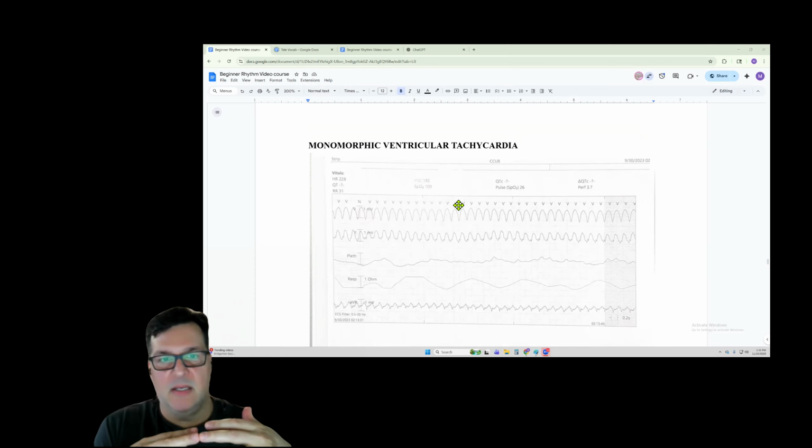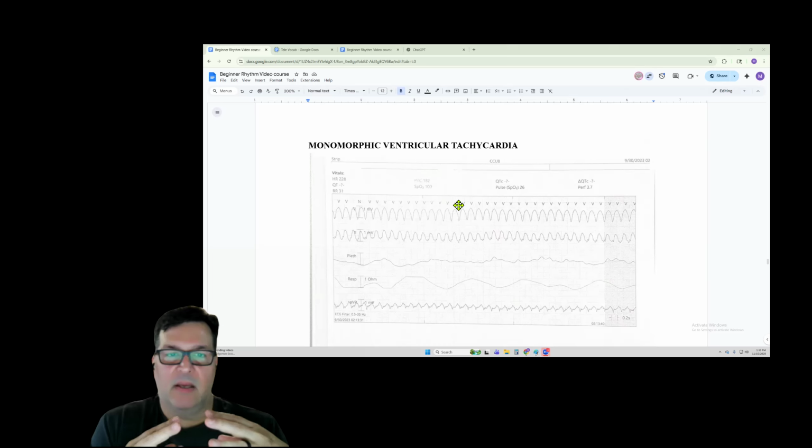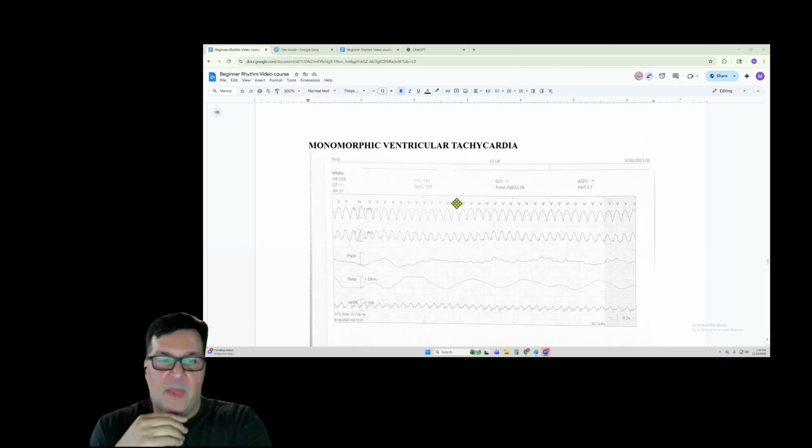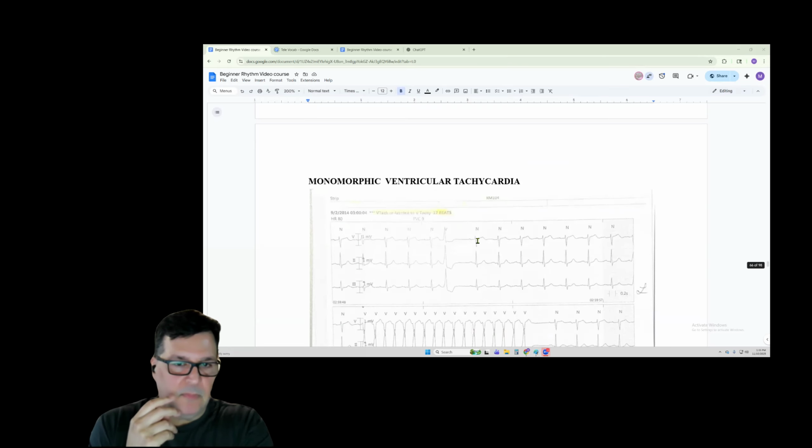And what you're going to see is a narrow QRS tachycardia, whereas VTAC, ventricular tachycardia, is coming from the ventricles. Anything that comes from the ventricles is going to be a big, wider QRS complex. Got you. And you can see the width on this right here. Yeah, definitely can see that difference there.